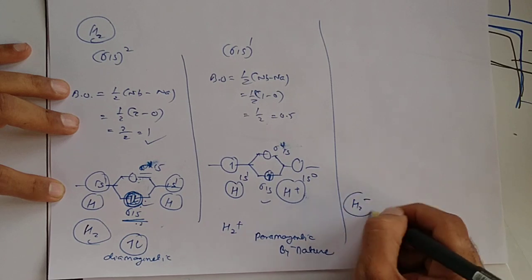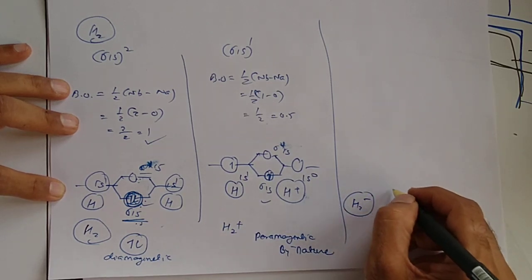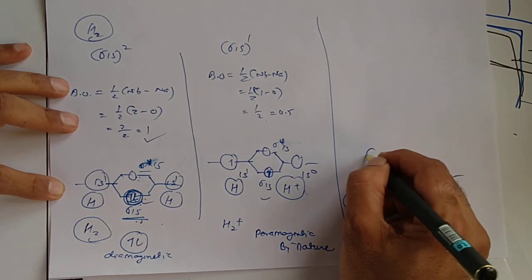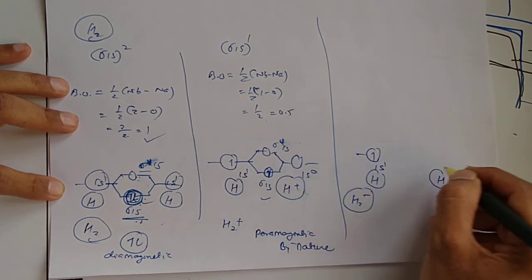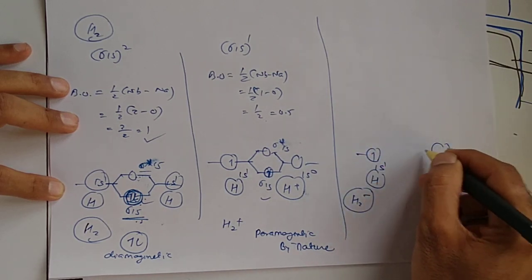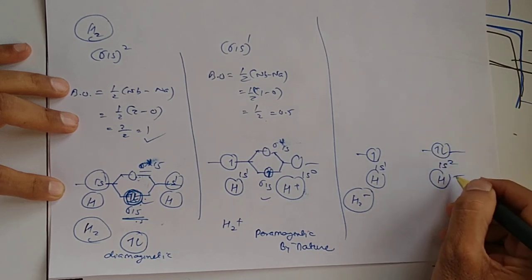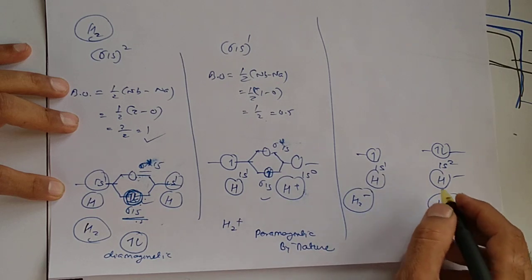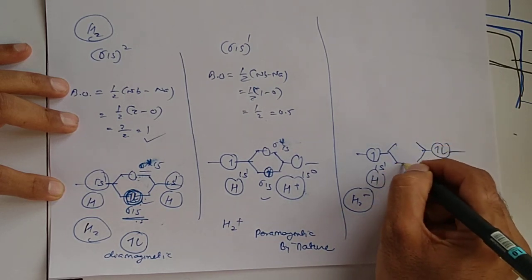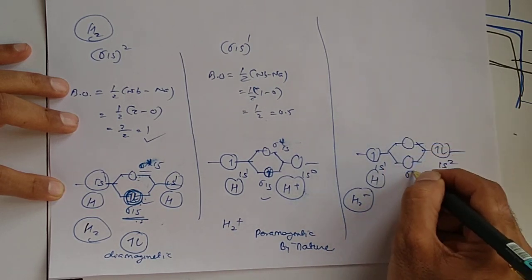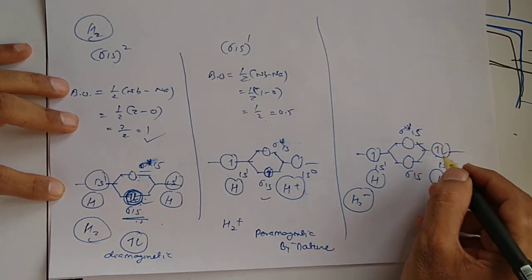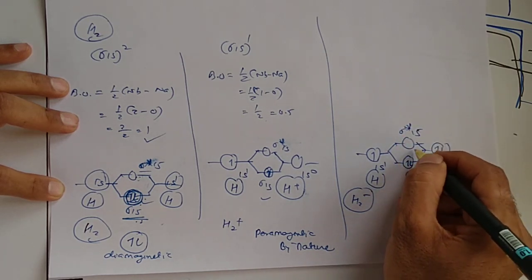What about H2 minus? One of hydrogen and one of H minus. In hydrogen there is 1s1. In H minus there are 2, because one is gained. So here also sigma 1s, sigma star 1s. Total electrons 3, so 1 and 2.